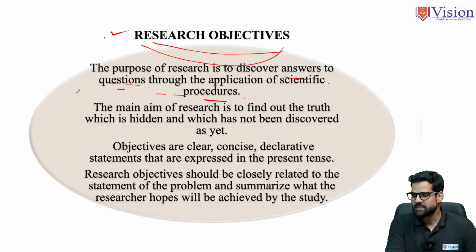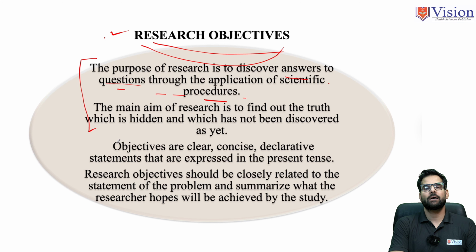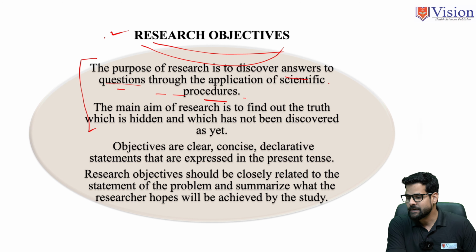Basically, research is a process where you start with a difficulty. You formulate the research problem, and on the basis of the research problem you try to formulate your objectives. Objectives are nothing, these are the clear, concise, declarative statements that are expressed in the present tense.